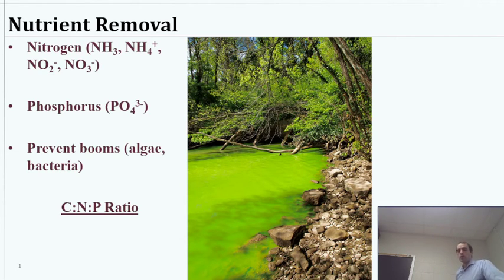Okay, so generally with nutrient removal, we want to avoid the scenario we see here with an algae bloom. We could call it eutrophication, where we have some sort of triggering event. Let's say we discharge lots of nutrients in a wastewater or agriculture runoff. We talked quite a bit about dissolved oxygen and biological oxygen demand. But what if we discharge water that has no BOD, but lots and lots of nutrients?